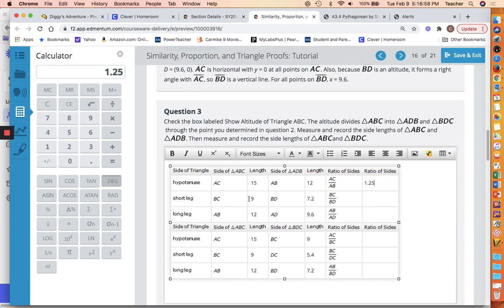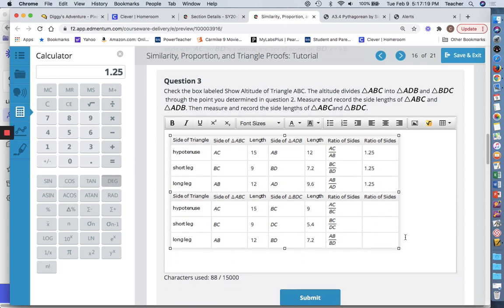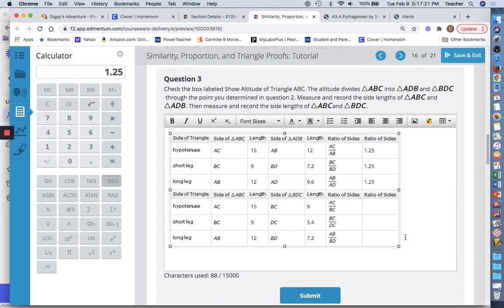All right, 9 divided by 7.2 is 1.25. Told you they're all going to be the same. 12 divided by 9.6 is 1.25. Guys, scale factor is always going to be the same. The sides are proportional. Scale factor, they're all the same.